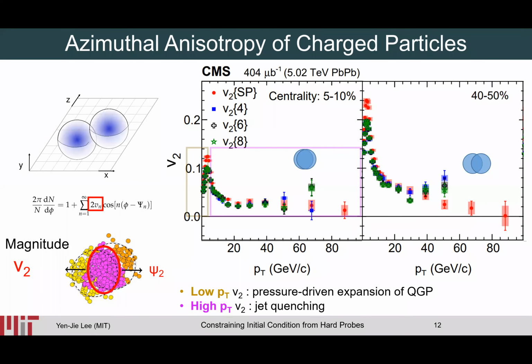The excitement is that we also see v2 from high-pT jets. And that is coming from the fact that it is harder to penetrate through a longer path length medium compared to a shorter path length medium. So going through a different angle, the suppression factors due to jet quenching are different.